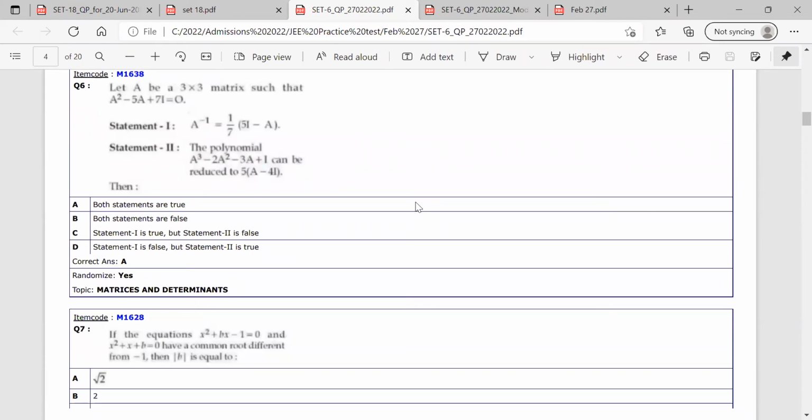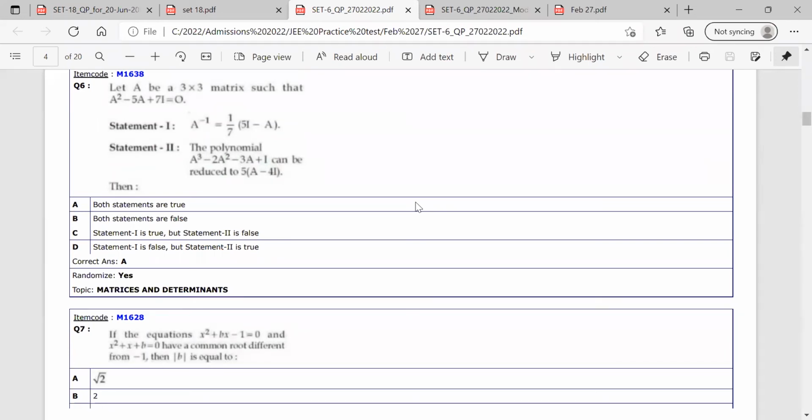This is also really easy to solve. Two statements are given and we have to find out which statement is correct and which is wrong. Let A be a 3 by 3 matrix such that A square minus 5A plus 7I is equal to 0. This is the general condition.